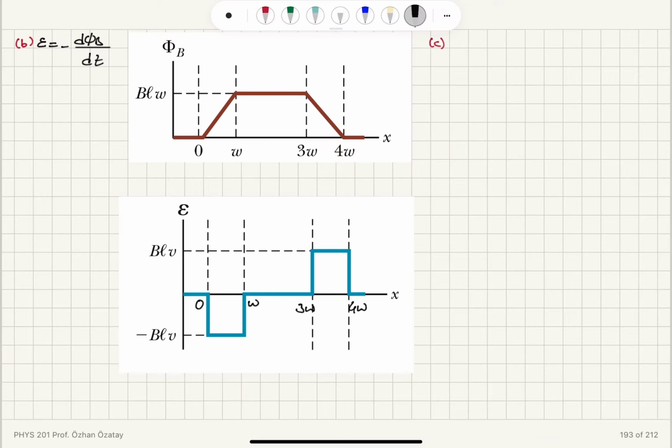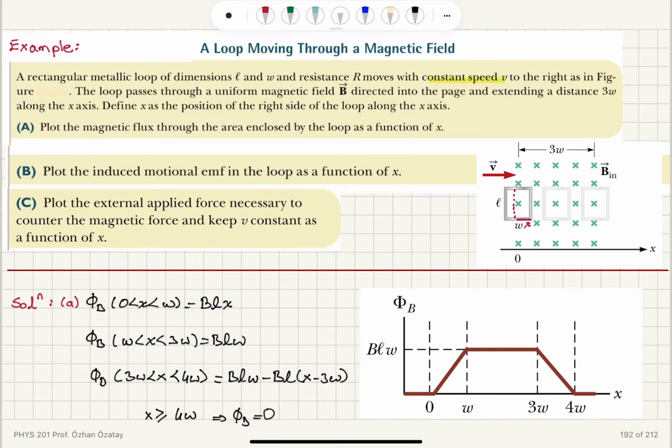If you look at the derivative with respect to time here, since this is moving with a constant speed, the rate of change of magnetic flux for x between 0 and W will be basically the derivative of this, BL dx dt, and outside that region for x less than 0 it is 0.